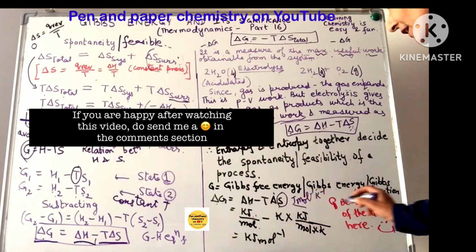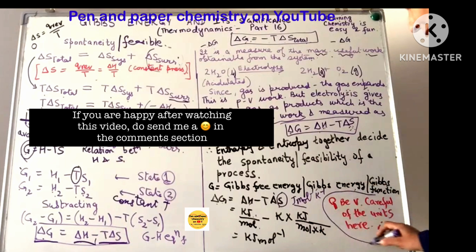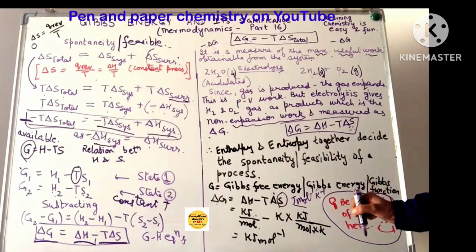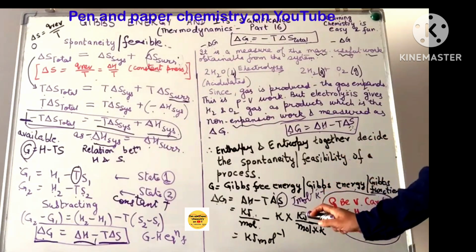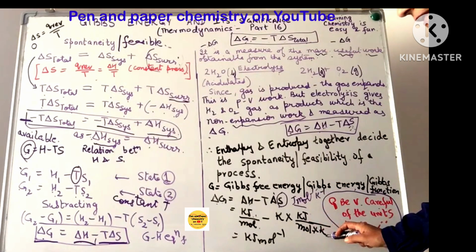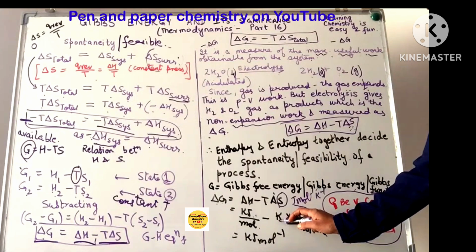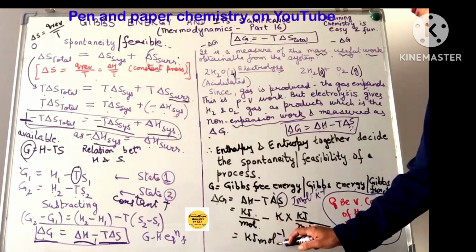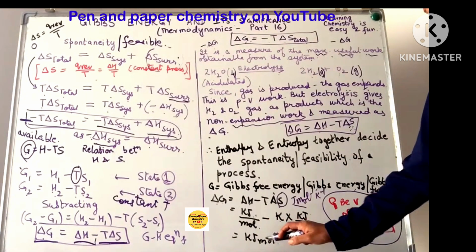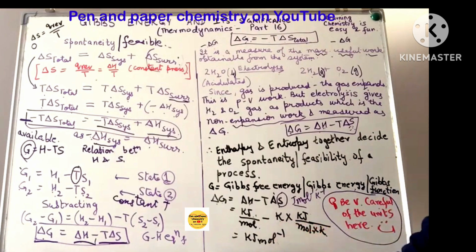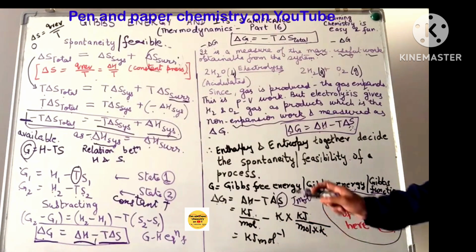Please be very, very careful. That is why I have put it in red, because this is one mistake which we as teachers also tend to do many of the times. Multiplying kilojoule per mole per Kelvin by the temperature in Kelvin, we have the final unit of Gibbs energy as kilojoule per mole.